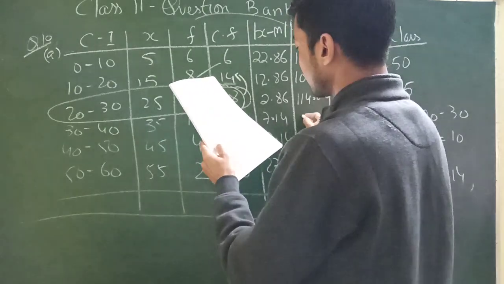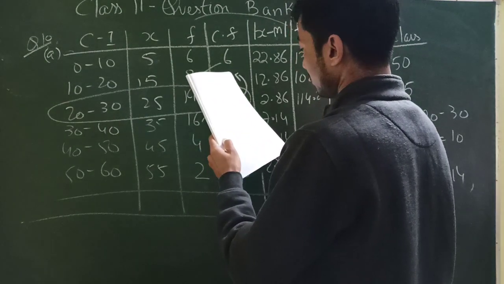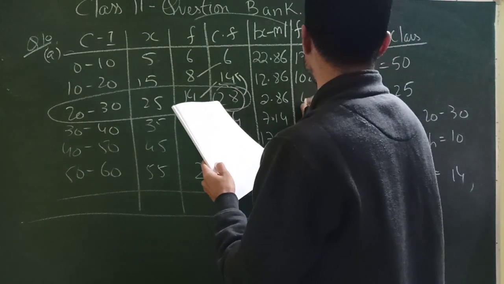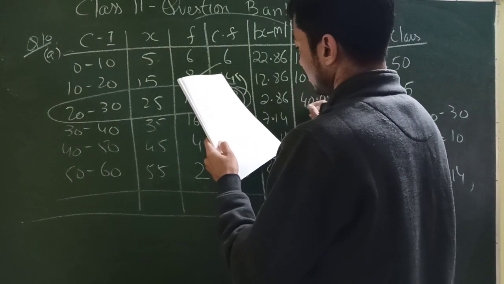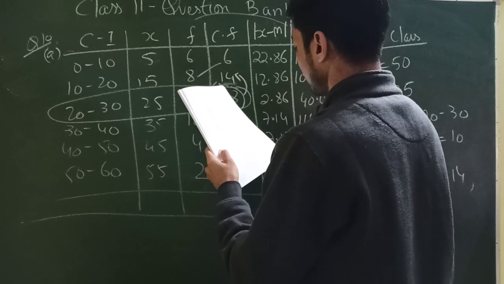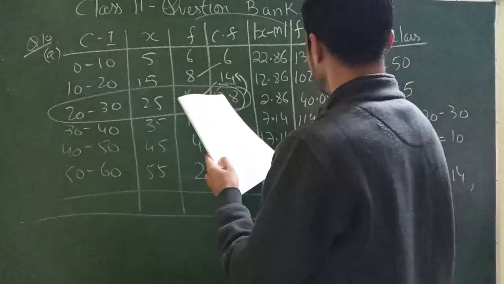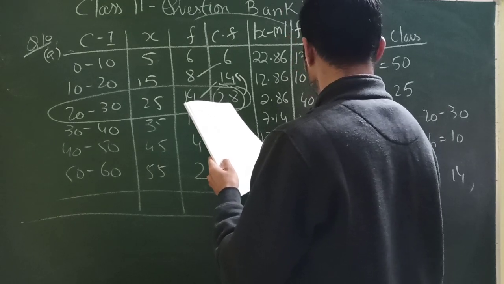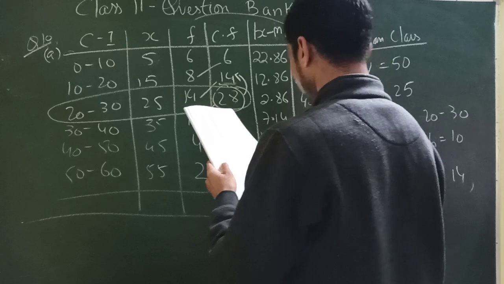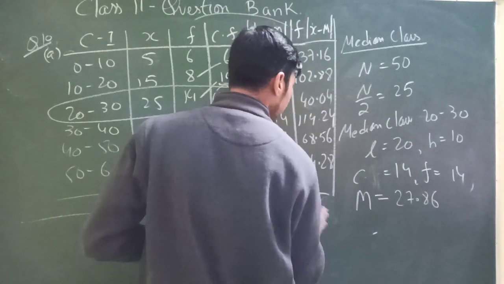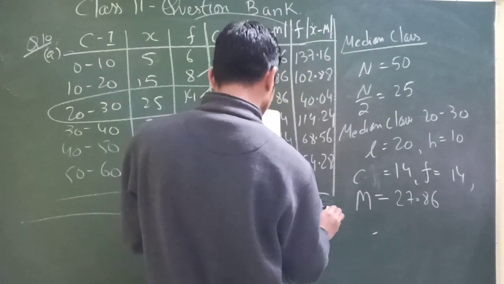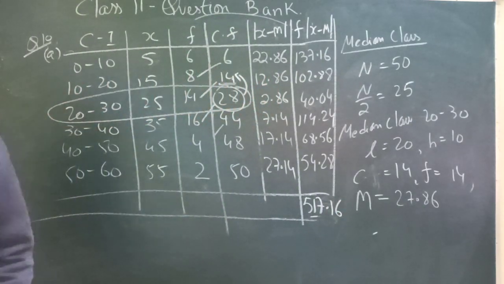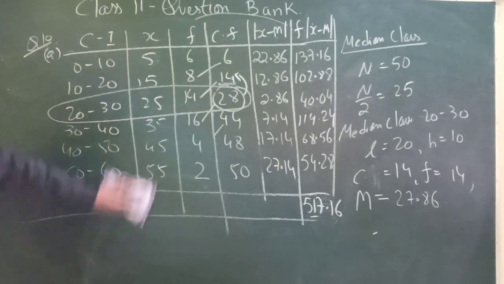You will have the calculator, so it should not take you much time. Sorry, this will be 40.04, 114.24, 68.56, 54.28, and its total value will be 517.16. Alright, so ultimately this is done now.